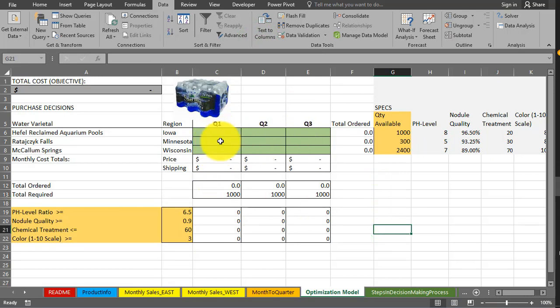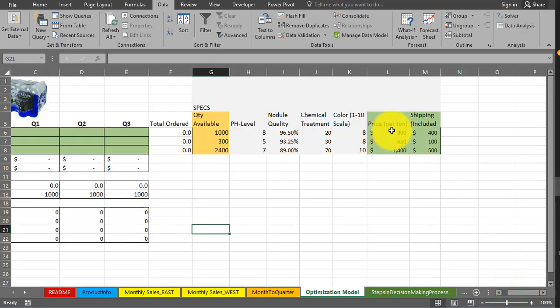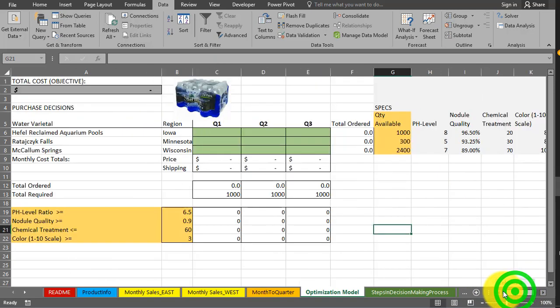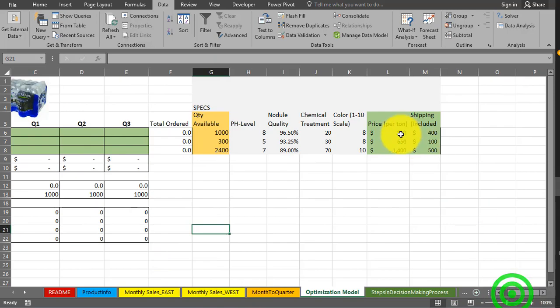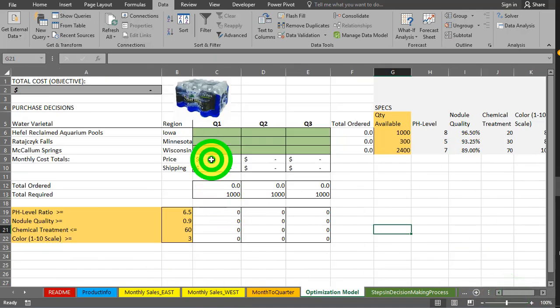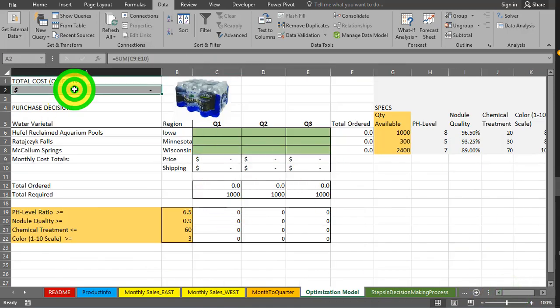I want you to buy exactly 1,000 units in quarter one, based upon these rules being honored, and based upon the cheapest price possible. Now, that's an and, not an or. So you have to do this and the cheapest price possible, which is determined down here, right? In a sum that takes that stuff there.